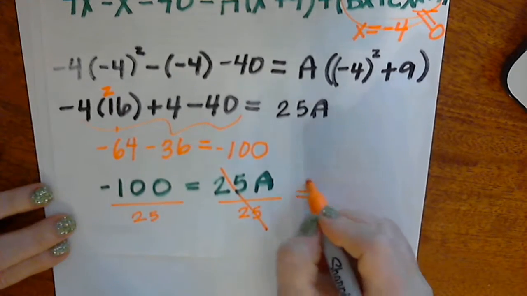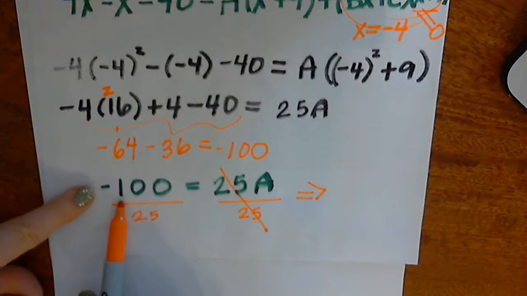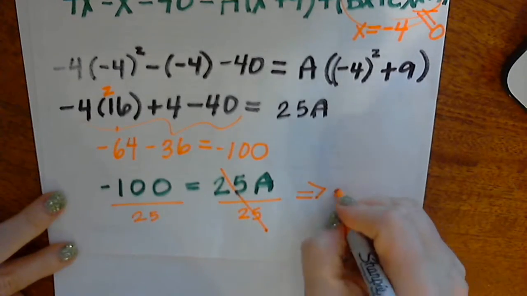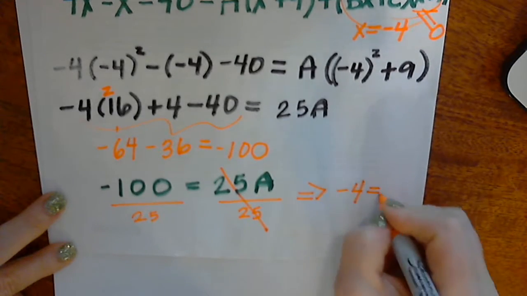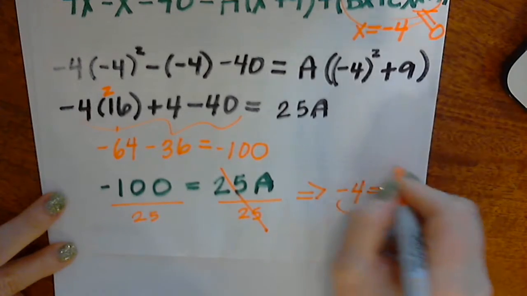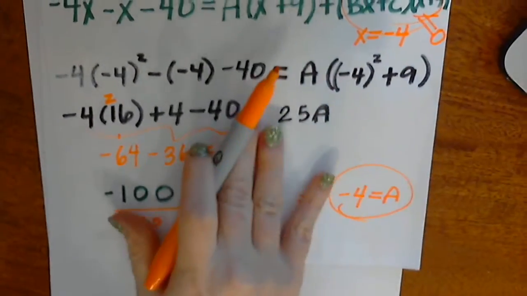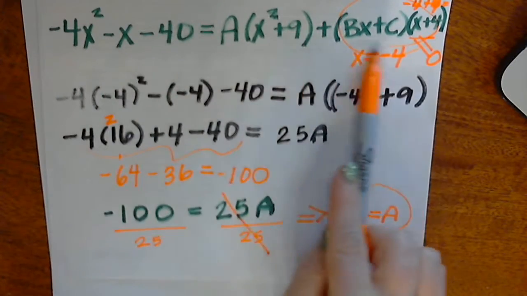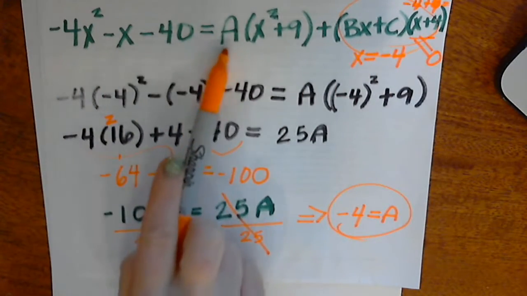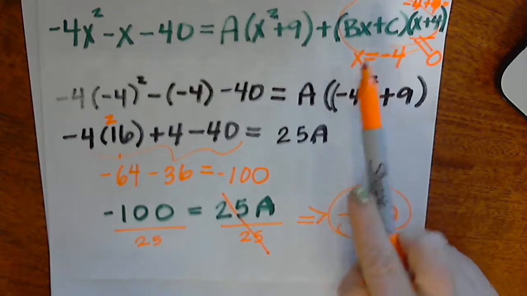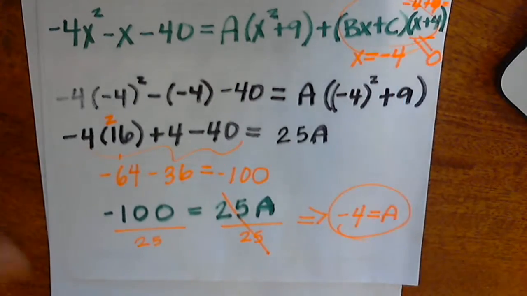So what we get, a -100 divided by 25 is a -4 equals a. So this is going to be nice. Come back to that. But also when we go back to our equation, because we're going to come back to this equation again, now we can actually plug in a -4 here, and that's going to make finding b and c easier.